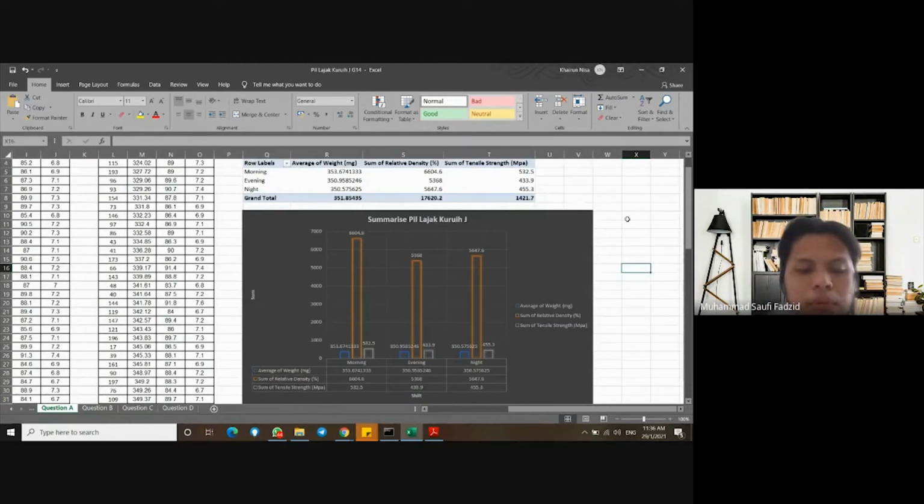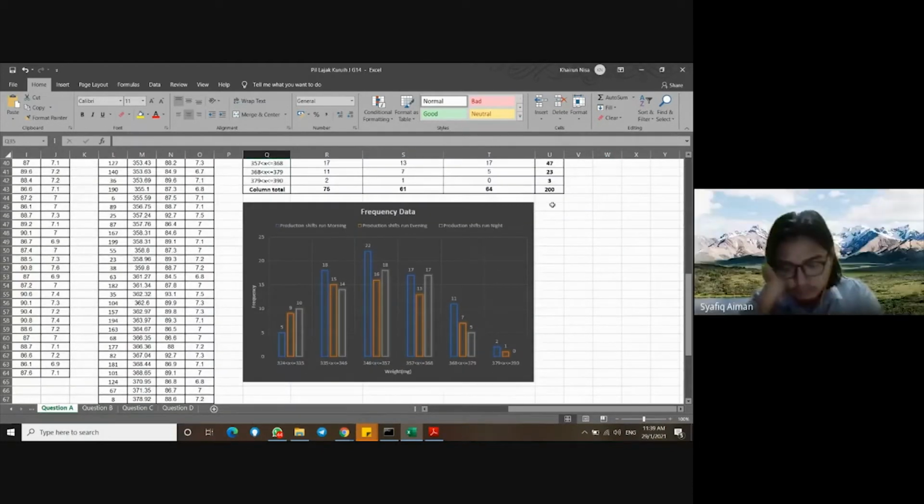First we can give an example. We can see in the morning shift, the sum of relative density is higher than the other shifts. So we can move to the other graph.